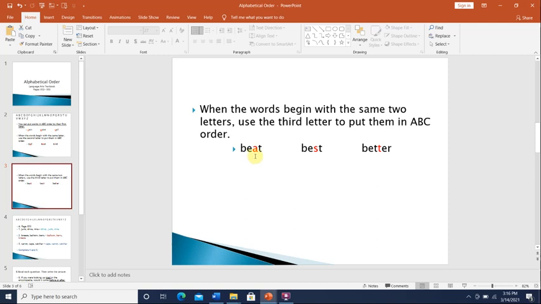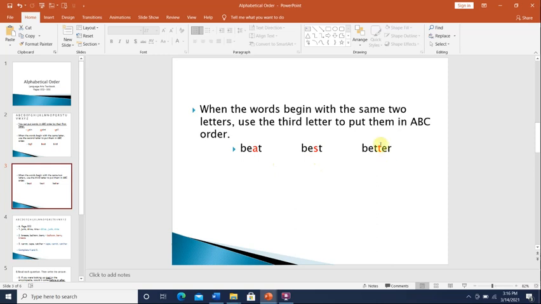Here the third letters are A, S, and T. As we said, A is the first letter of the alphabet, so the first word would be beat. After that, as we say the ABCs, we know that S comes before T, so the next word would be best, and the third would be better.